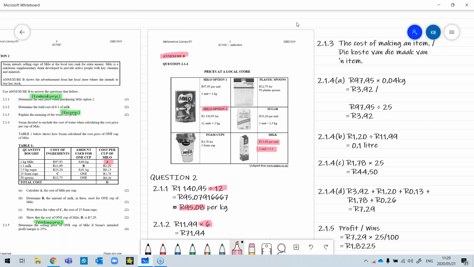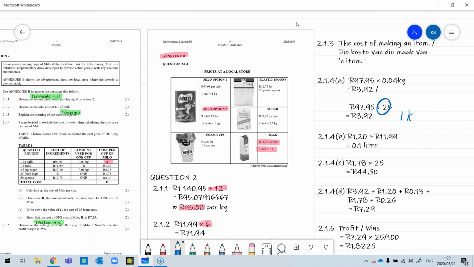So alternative to that calculation, you can say 97.95 divided by 25. Now this 25 is calculated. Let's just quickly show you that. This 25 is calculated by saying 1 kilogram, which equals 1,000 grams. And the amount used per cup is also given in kilograms, so doing that conversion won't be necessary.